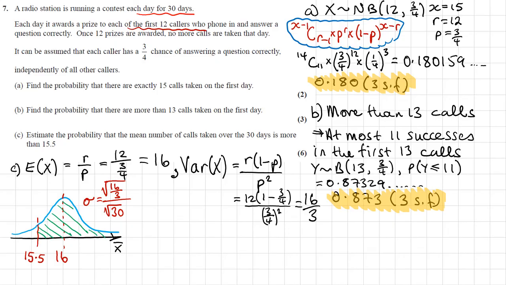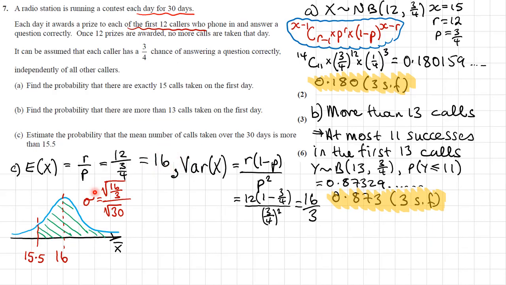So here's my normal distribution, because we're taking a sample of 30 from this distribution, and we want to find the probability that the mean of that sample is greater than 15.5. So the mean is 16, that's the mean of the negative binomial.